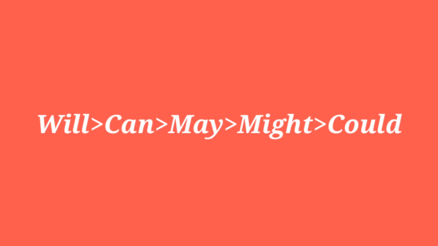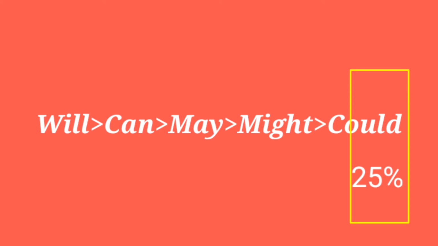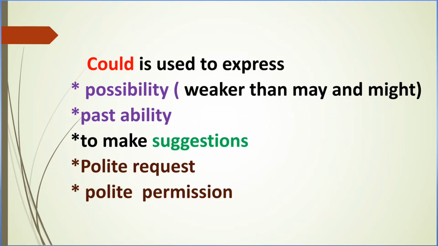If you use modal can, the situation is between 90 to 100. And may means most probably 75%. So now might means 50%. But the word could means 25% of possibility. So that's why I have used the word here, weaker possibility.